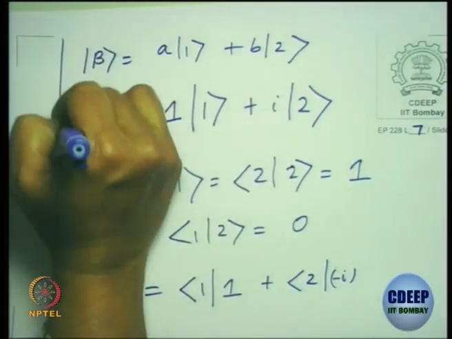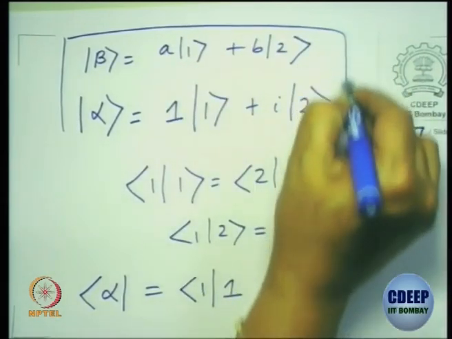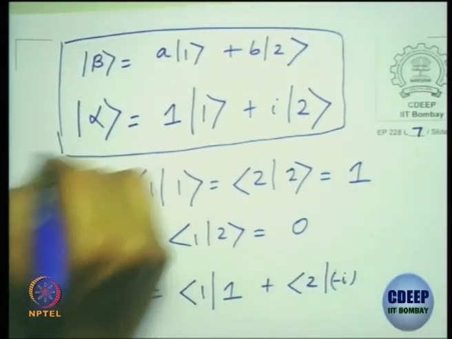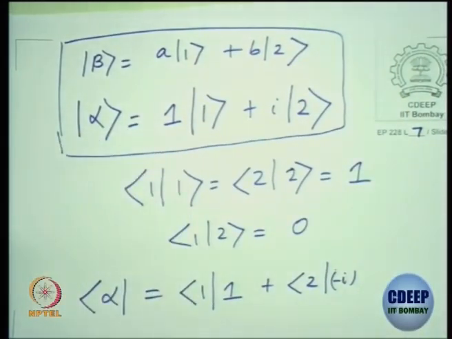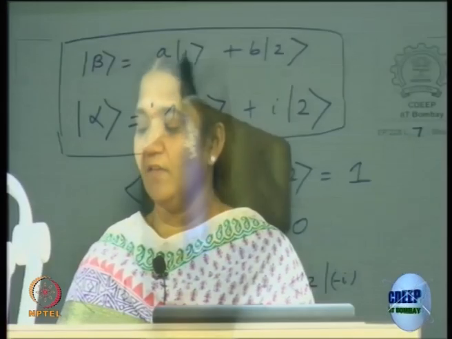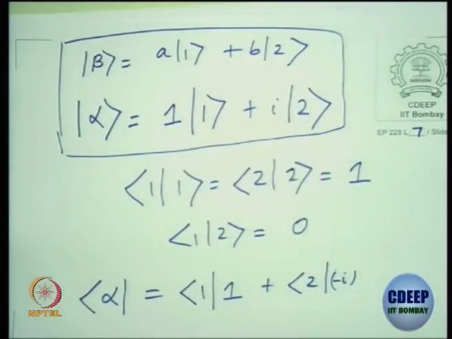Alpha is some specific state, beta is some arbitrary state. Any arbitrary state I am able to write in terms of |1⟩ and |2⟩. Since any arbitrary beta is in terms of |1⟩ and |2⟩, it spans the space.